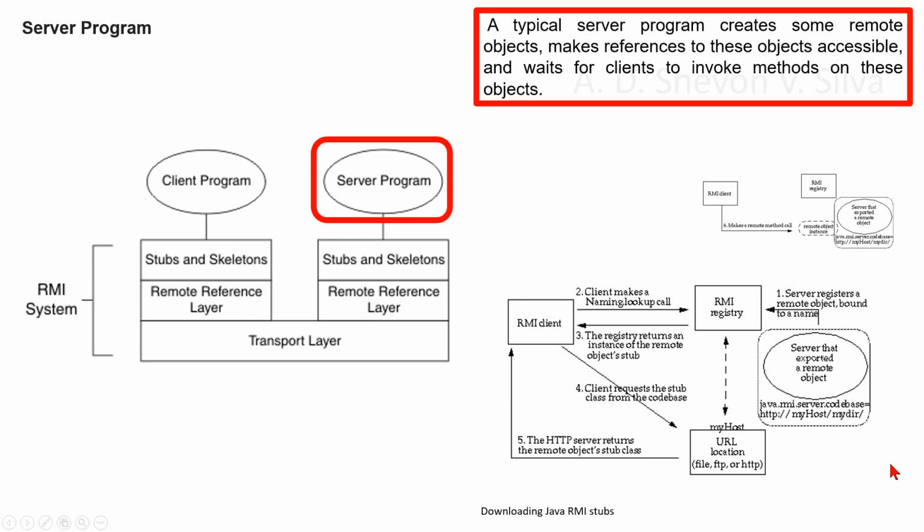The java.rmi.server.codebase property value represents one or more URL locations from which these stubs and any classes needed by the stubs can be downloaded.